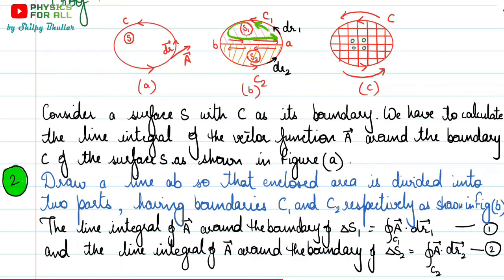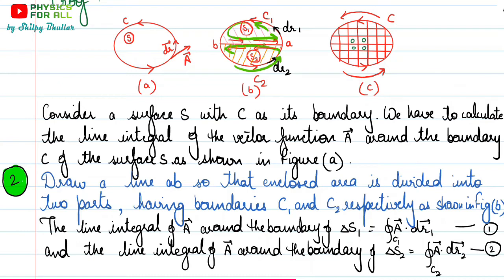And for surface S2, it goes from curve C2 and then it enters AB and moves from A to B. This is how it is moving. So when I'm saying the line integral around the boundary of S1, I'm considering the entire integral around the closed curve, which includes C1 and BA. And for S2, it includes C2 and AB.